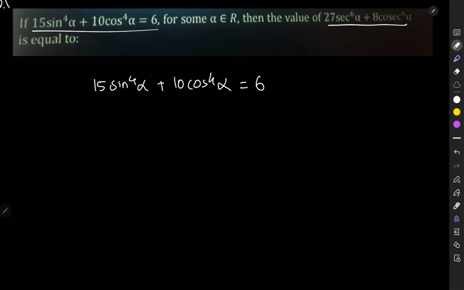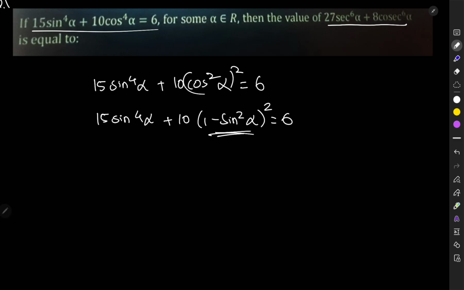So what we can think is, can I write it like this, whole square, right? So I can write it like this here, and I can convert it like this. I hope you agree with this.